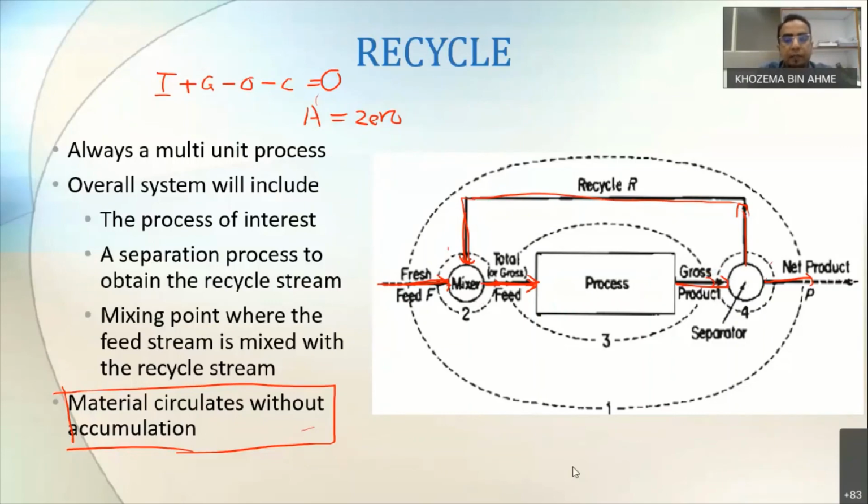And then the next thing is that you have to understand that it is a multi-unit process where you will have a mixer, a process of interest, and a separation. And in a recycle system, you can have it for reactive and non-reactive processes. And you must always understand that there is not going to be any accumulation in your recycle system.